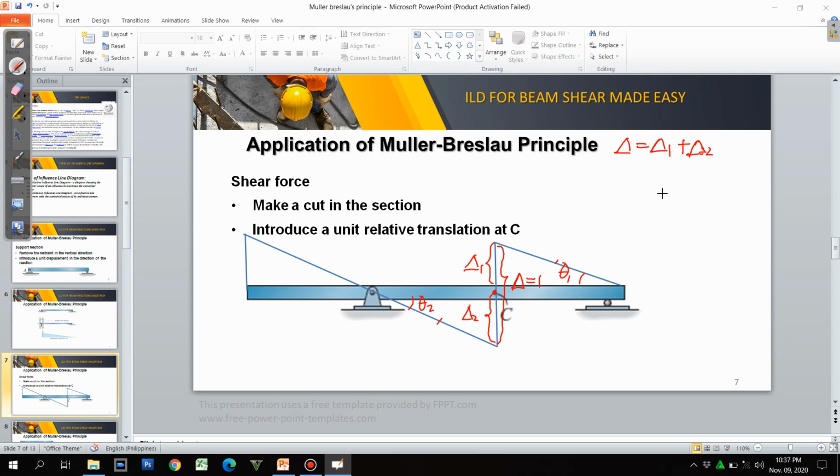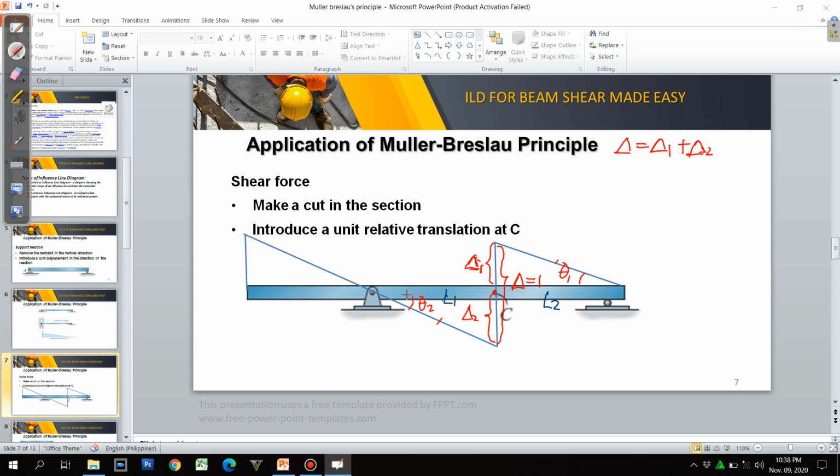And from that, we will have the value of delta 2, say, if we label this as L1 and L2.